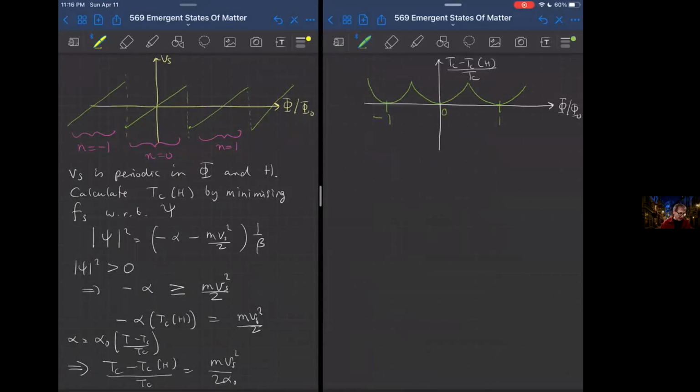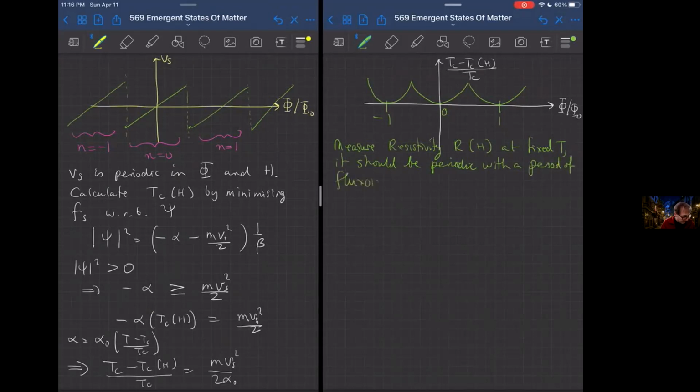And what that means is that if you measured the resistance as a function of H at fixed T, it should be periodic with a period of the fluxoid quantum. And that's exactly what they observed.